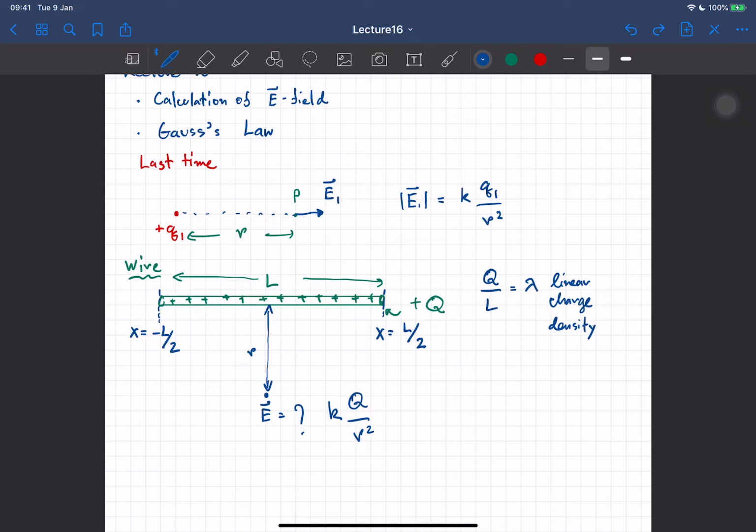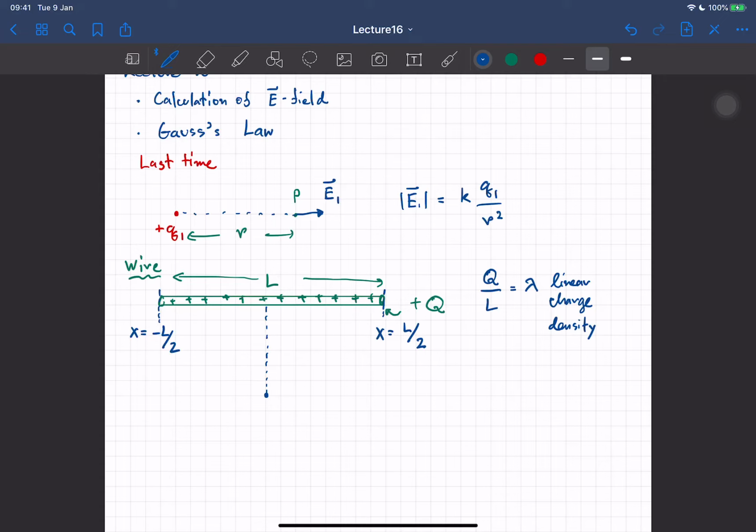Well, even though we know the electric field for point charges, it's fine because we can cut up this wire into small sections. So the idea is this. I'm going to remove this part. And let's remember that this distance here is r, but I don't want to write it now because it's going to make the diagram a little bit crowded.